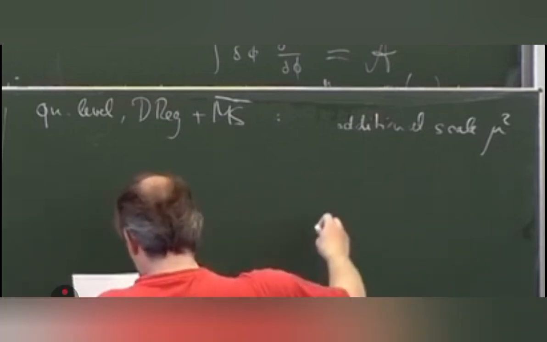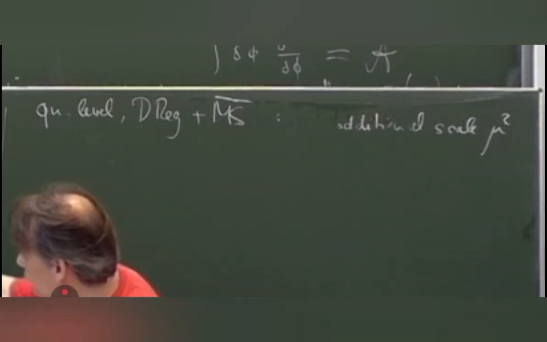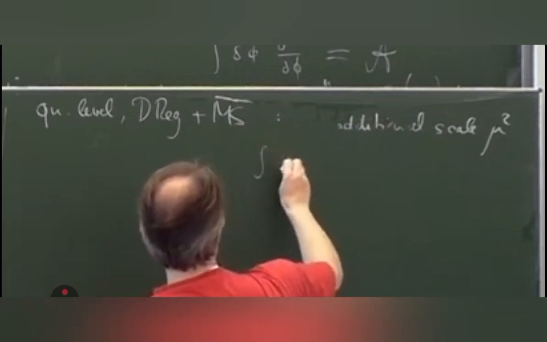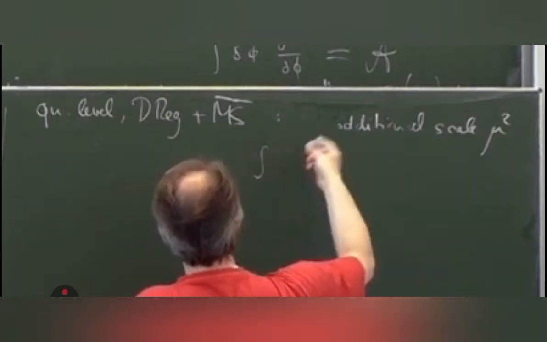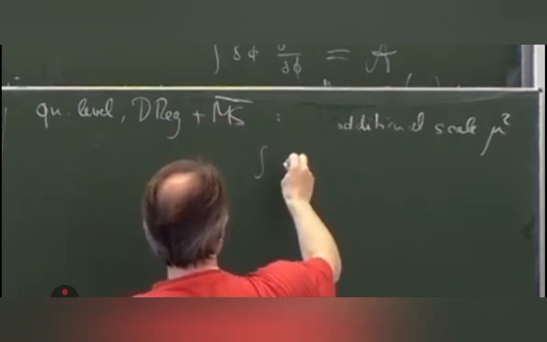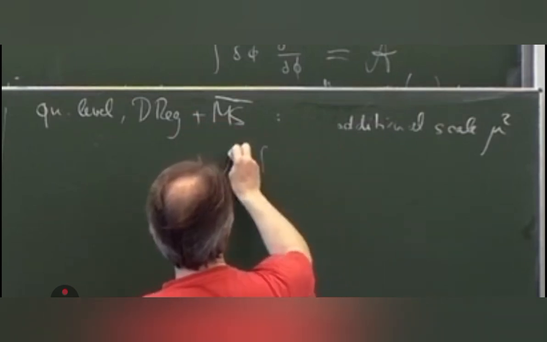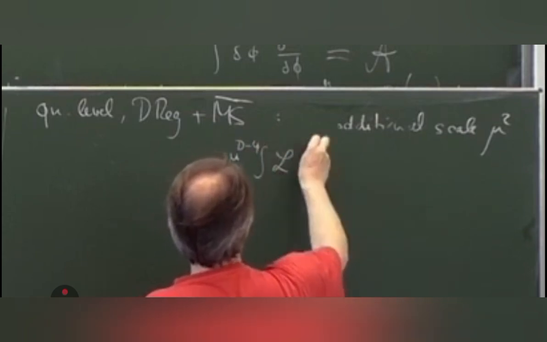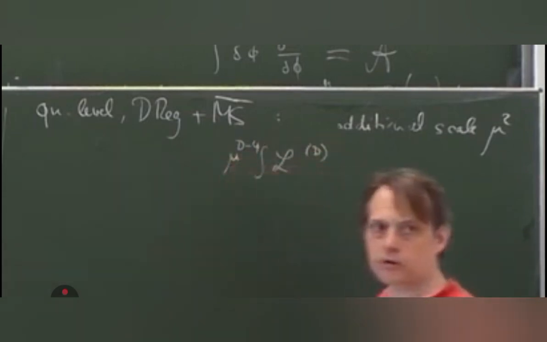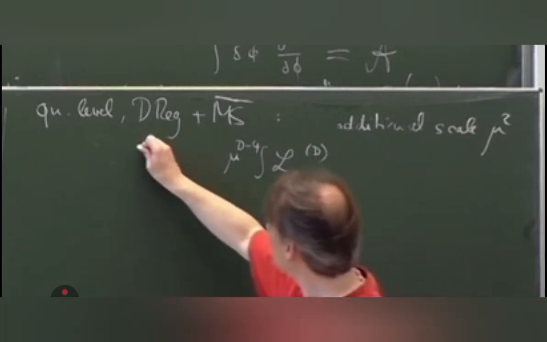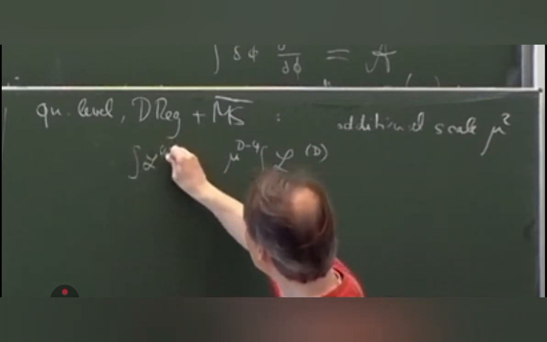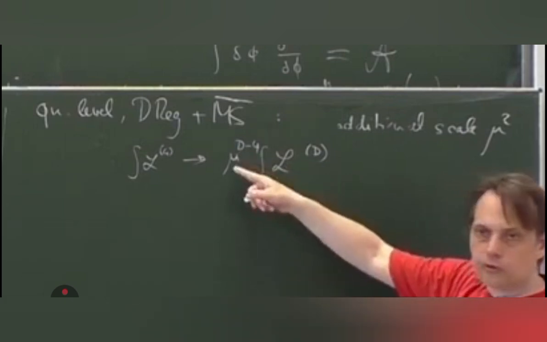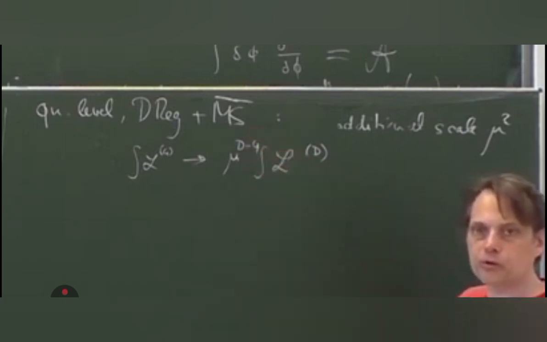The effective term which would appear in the definition of the regularized path integral would be like this: you have mu to the power of d minus 4 times the d-dimensional Lagrangian instead of the 4-dimensional Lagrangian. And this mu appears in front of every loop integral, so that is an additional scale.